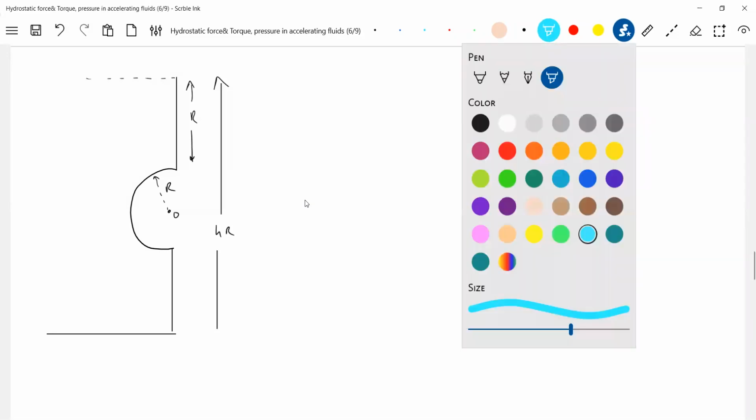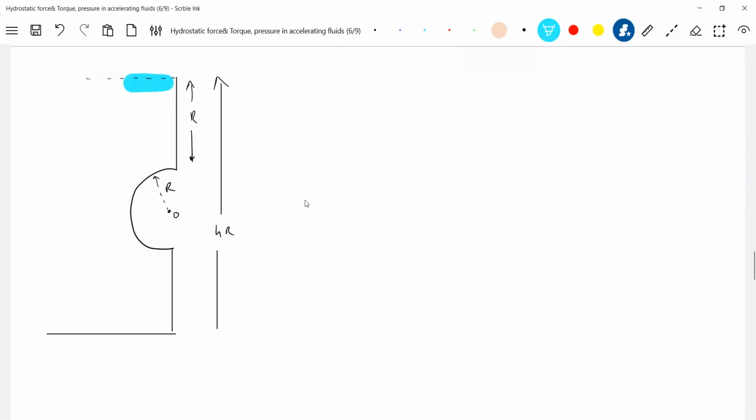So there's liquid present everywhere. I'll do one thing, we'll make it small.